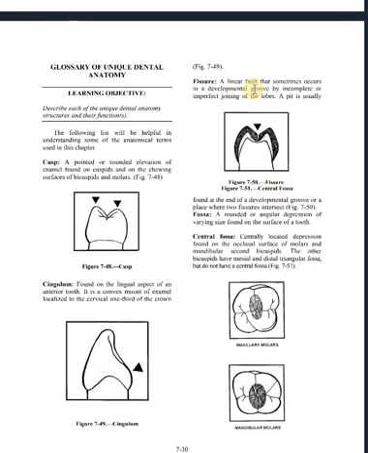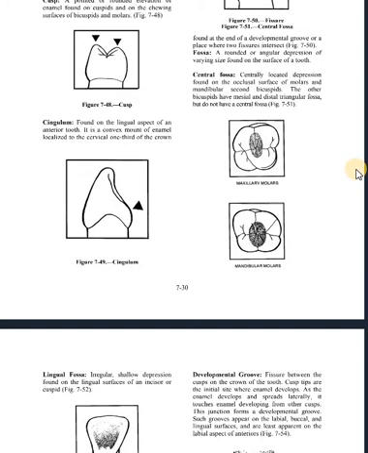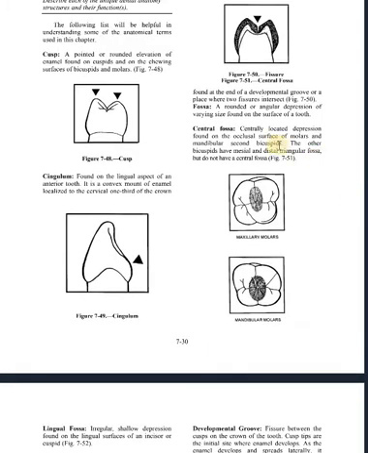Fissure is a linear fault that sometimes occurs in a developmental groove by incomplete rejoining of the lobes. Central fossa is that depression on the top of teeth. Fossa is a rounded or angular depression, so it looks like a fossa is any depression in your teeth.